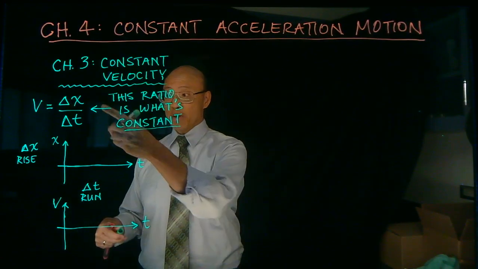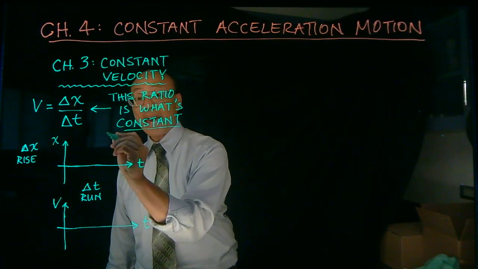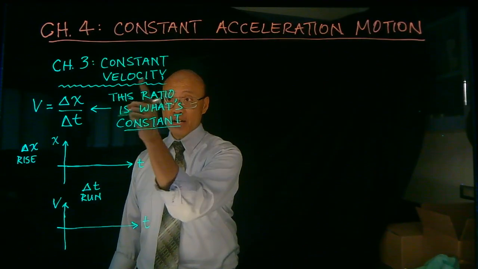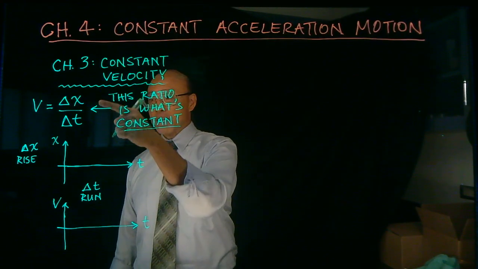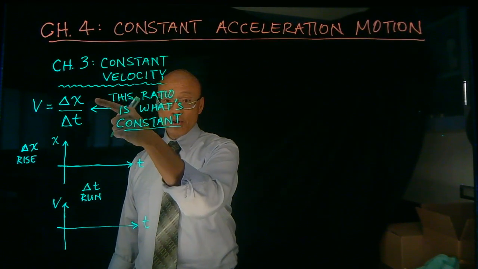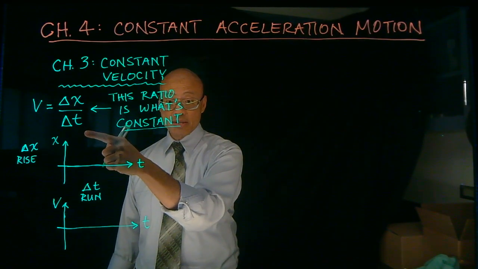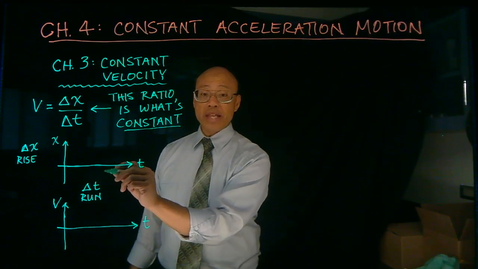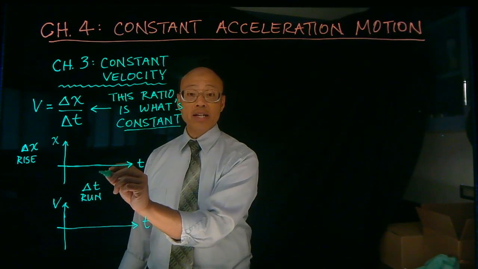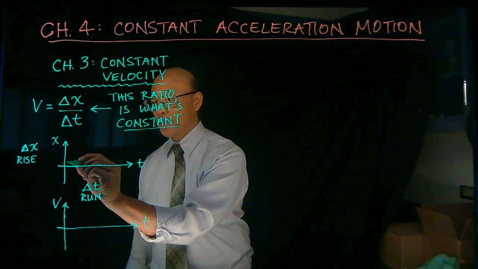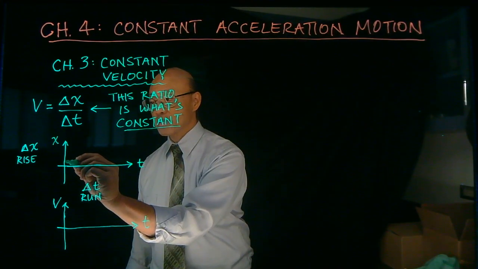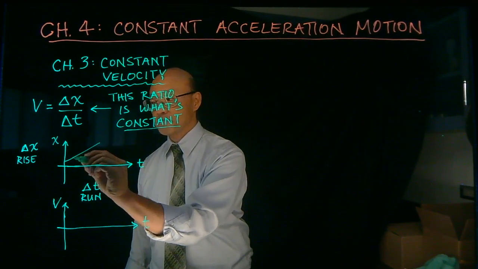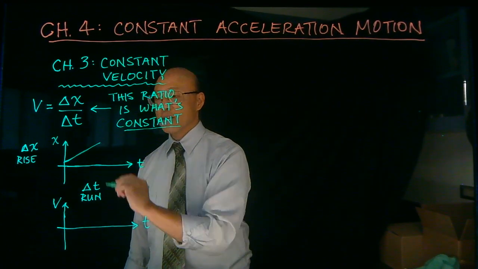So if I have constant velocity, what does that mean? That means my rise over my run is constant. On a graph, the only shape with a constant rise over run is linear. So I must get a shape that looks like this. It doesn't have to start at 0, but I get that.